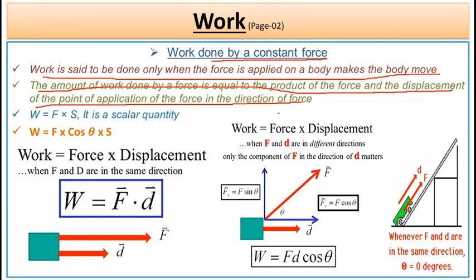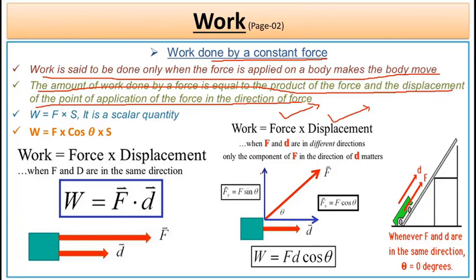Thus, the force applied on a body and the displacement made by the body are the two most important factors for the calculation of work done. But for a constant force causing work done, the direction of the force with respect to the direction of the displacement is also very important.